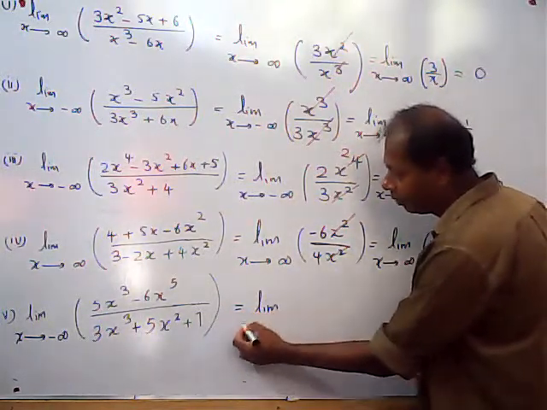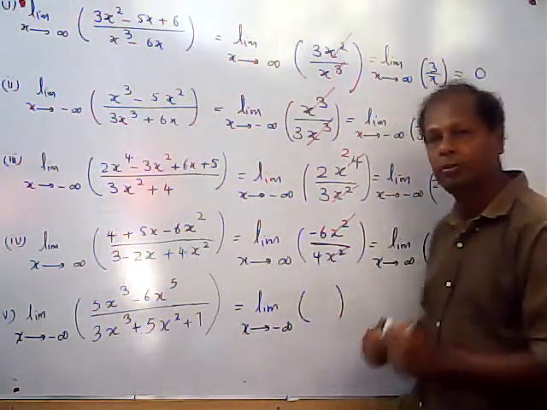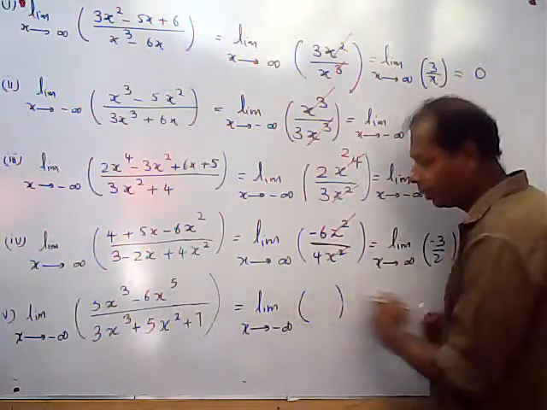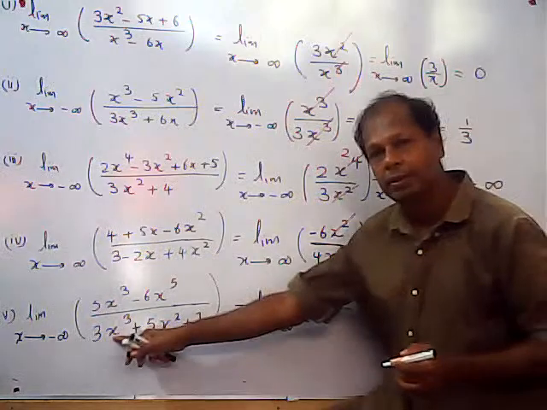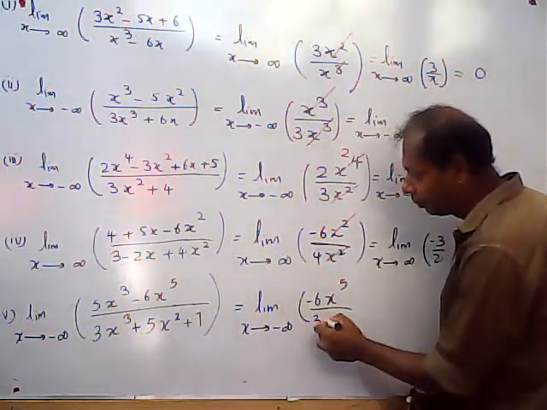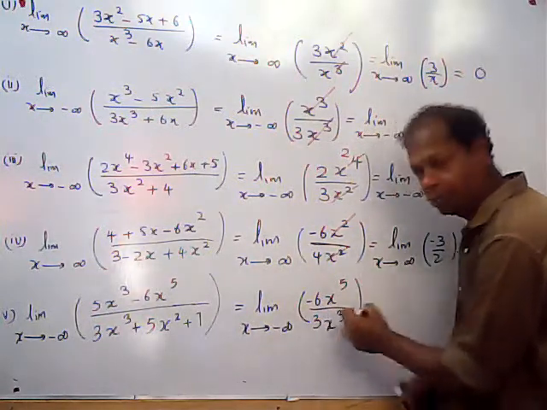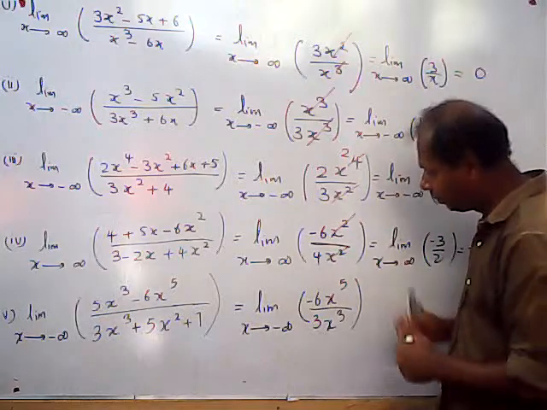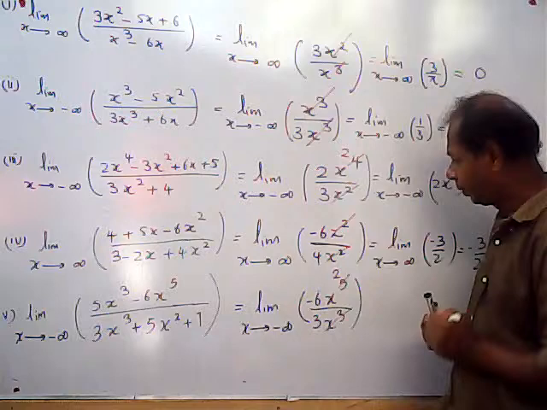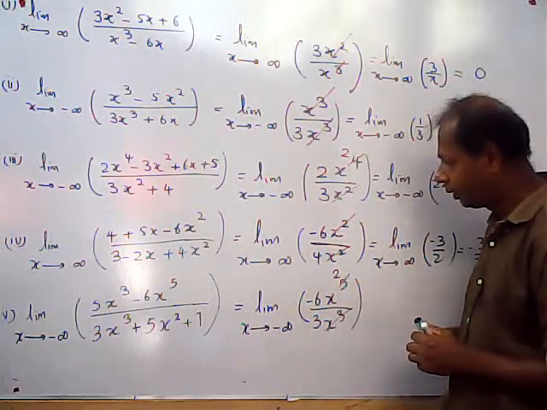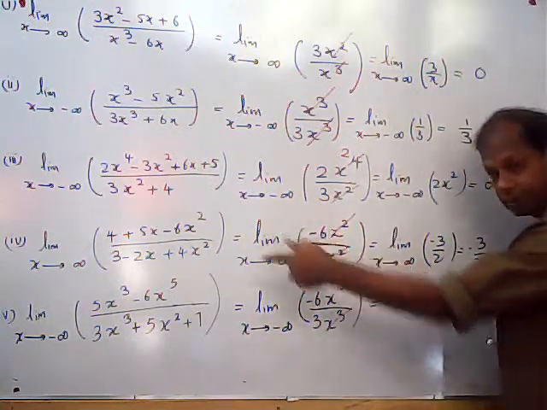And the fifth. You take the respective highest power terms in the denominator and the numerator. The numerator highest power term is minus 6x to the power 5 divided by 3x cubed. The denominator highest power term is 3x cubed. Again, x squared will cancel off. So I take the minus one out.